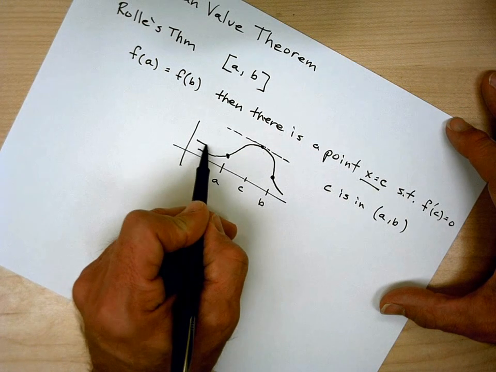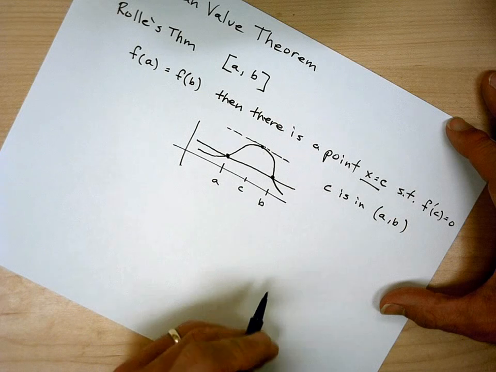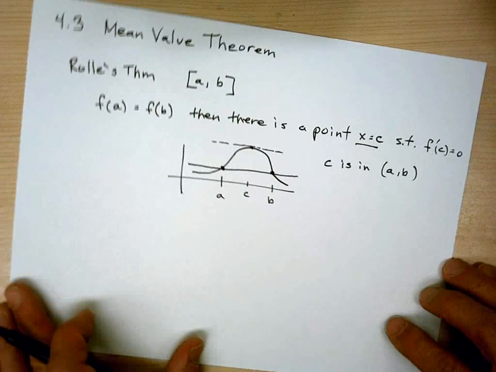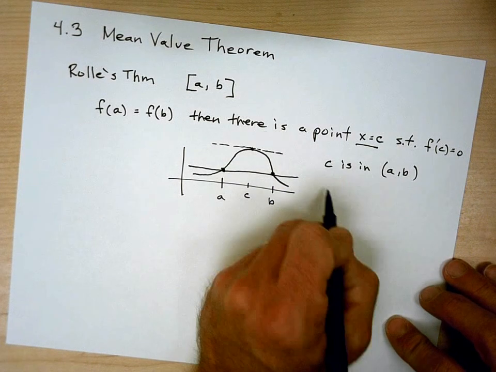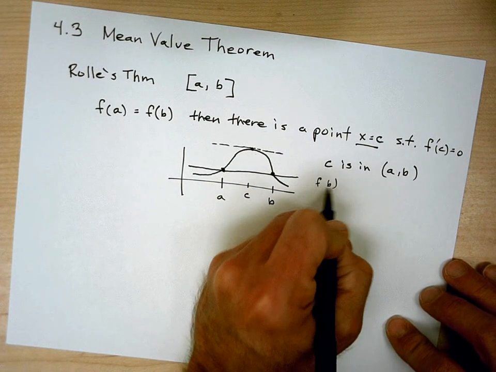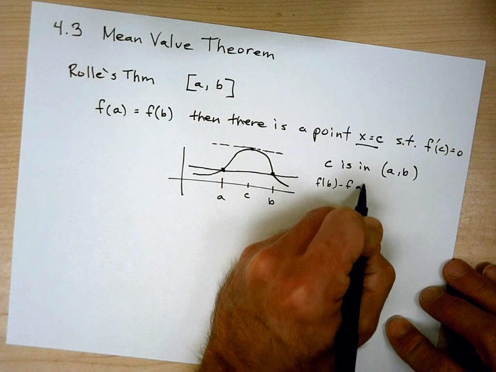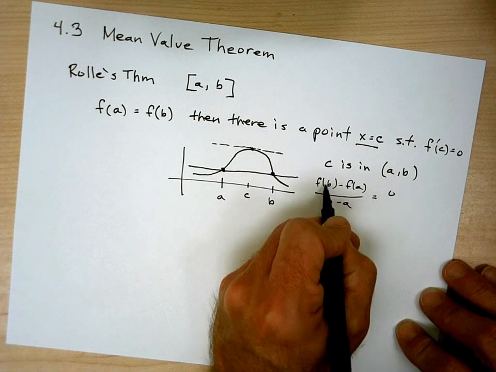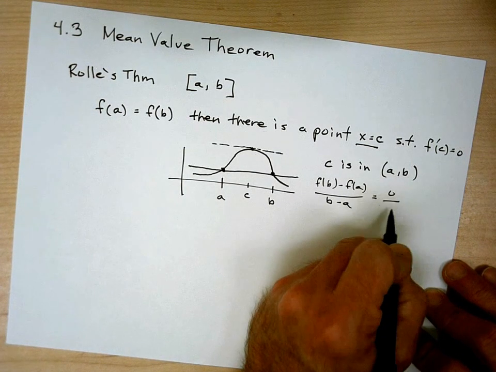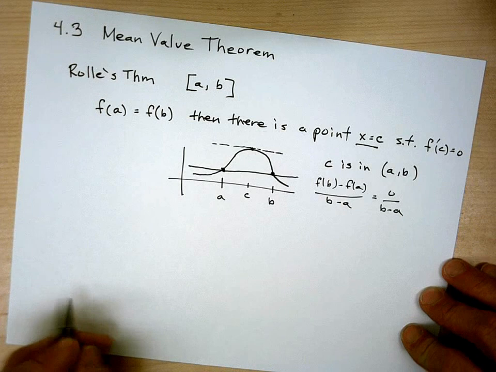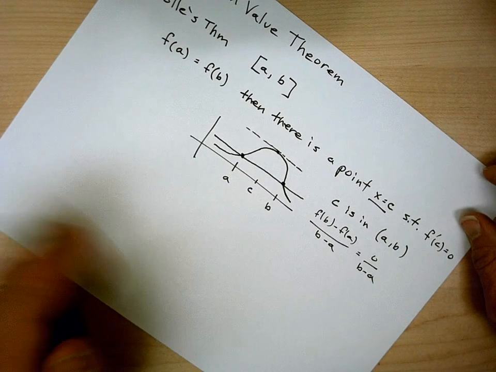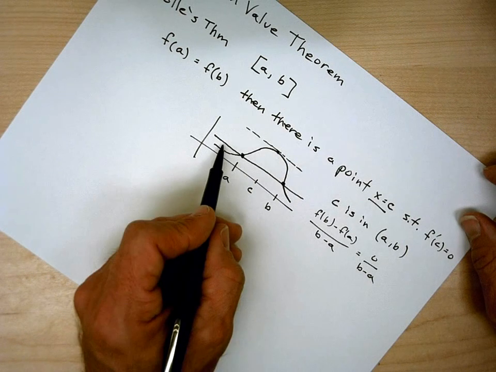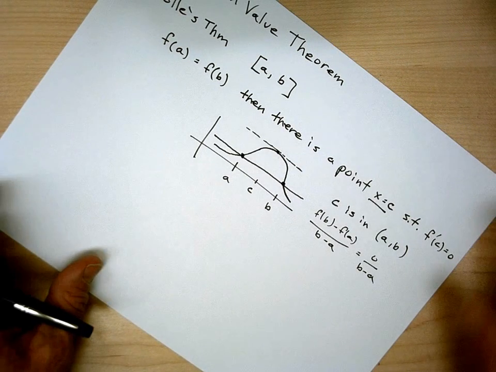Notice that the line connecting f of A to f of B, that secant line, has a slope of 0 if we do f of B minus f of A over B minus A. We know that the slope of that secant line is 0 because f of B equals f of A. So we get 0 over B minus A, whatever that is. So the mean value theorem says no matter how you turn this thing, you can find a point in between where the slope of the tangent line is equal to the slope of the secant line.